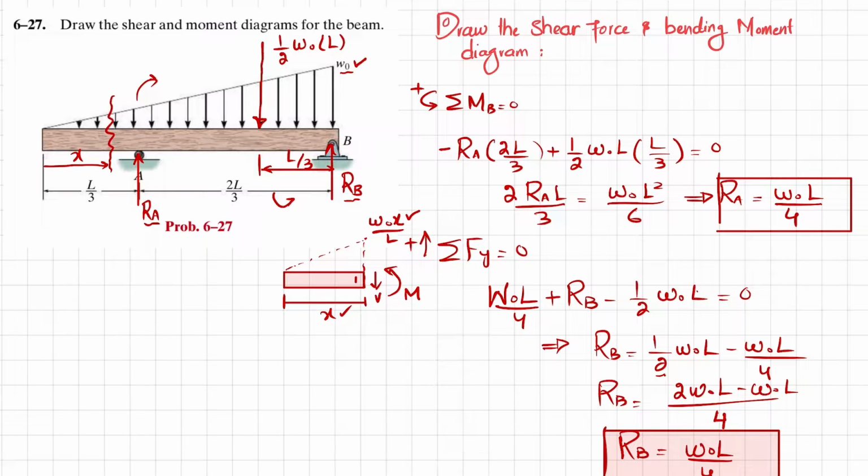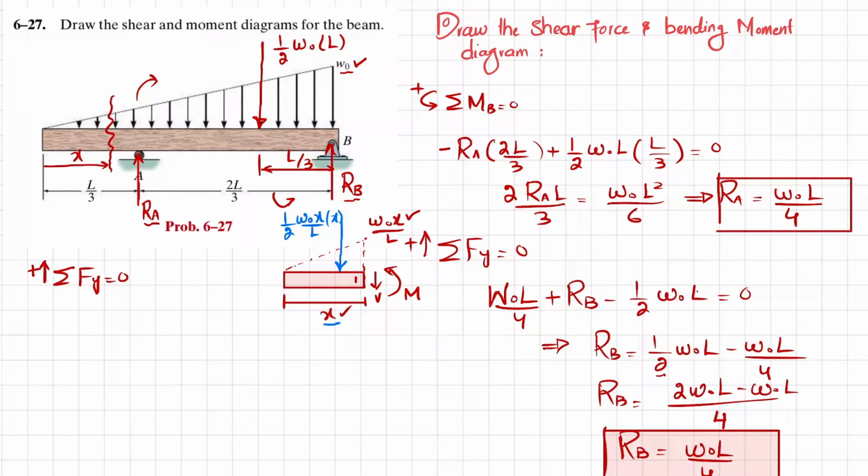Let this point be 1. So how will we find this equation of shear force? By applying the equation that the sum of all forces along the y direction must be equal to 0, taking the upward force as positive. You can see that we have one force, V, and another one, this distributed load. If we convert this load into a point load, the magnitude will be 1 over 2 W naught x over L into the total length x.